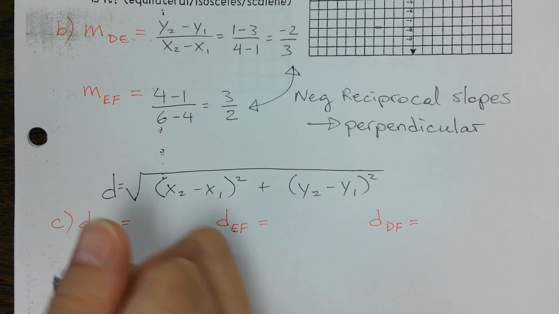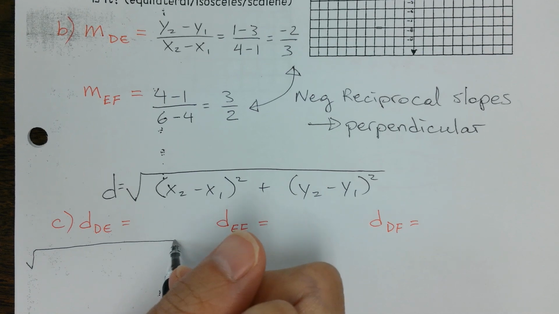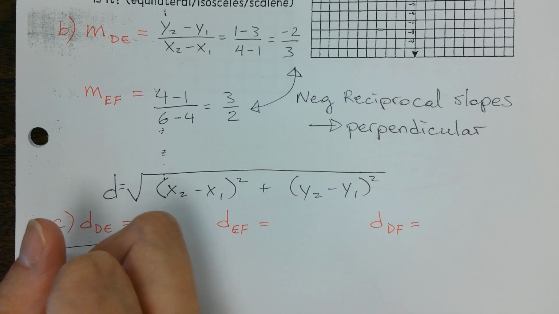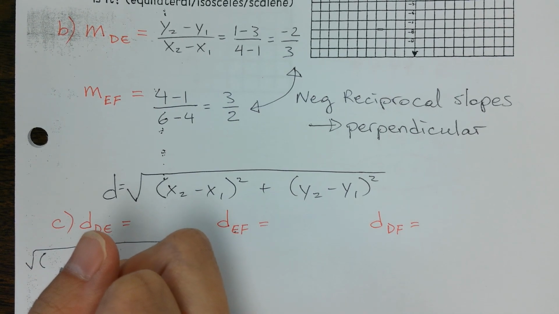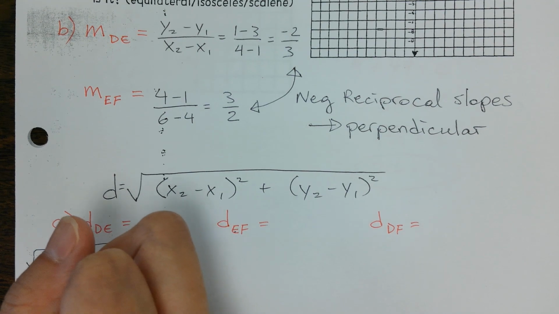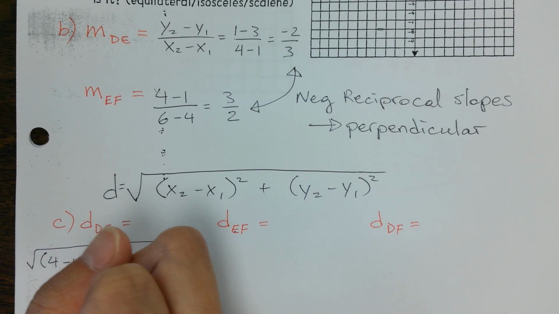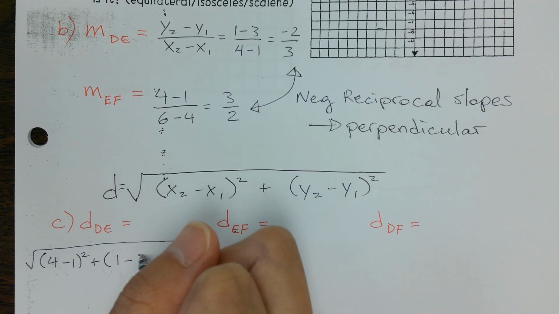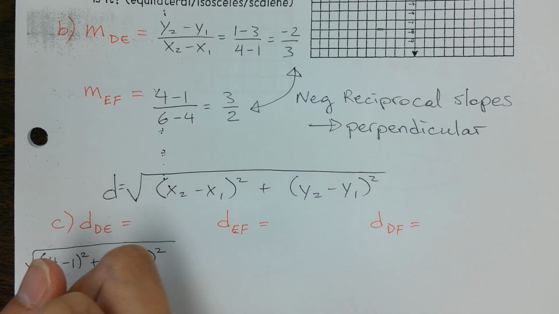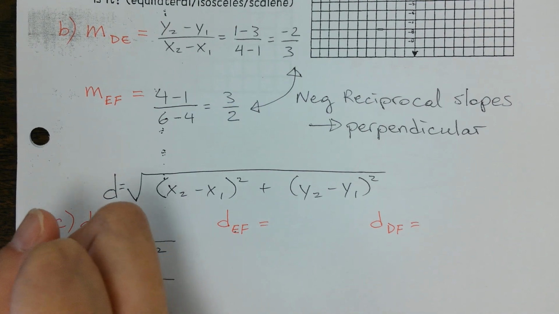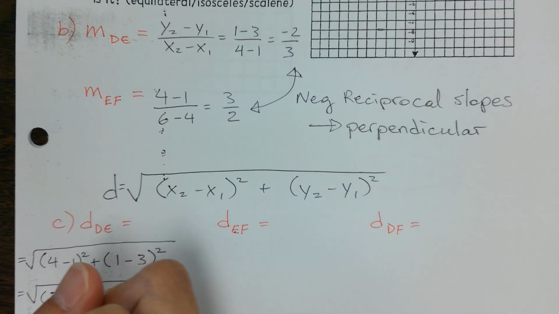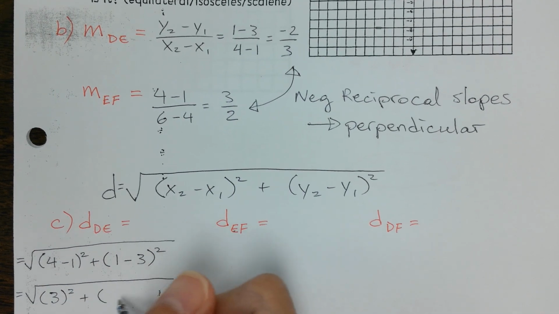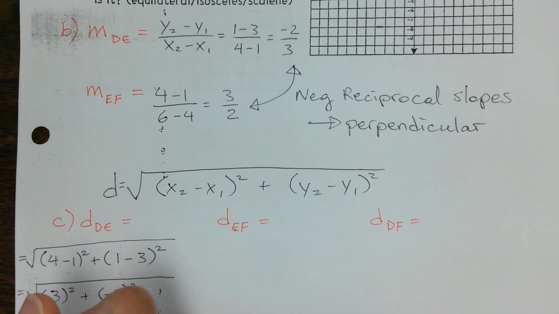Between DE, I get 3 squared plus negative 2 squared.